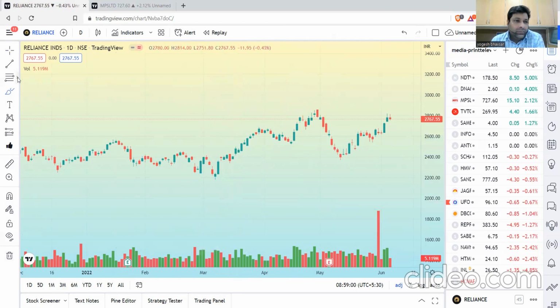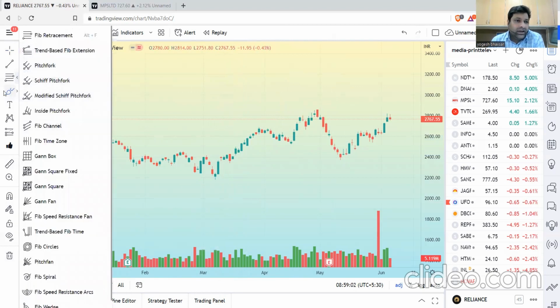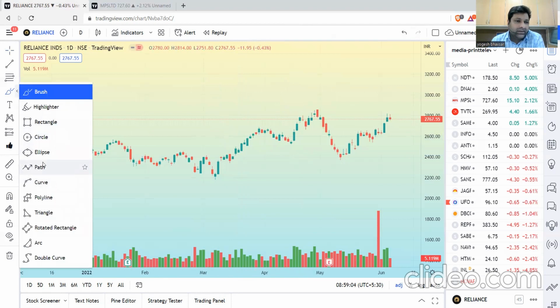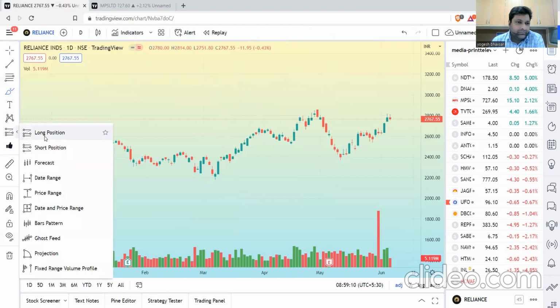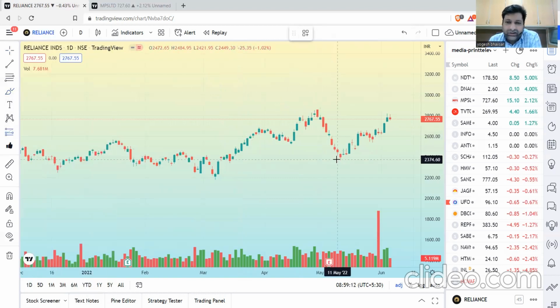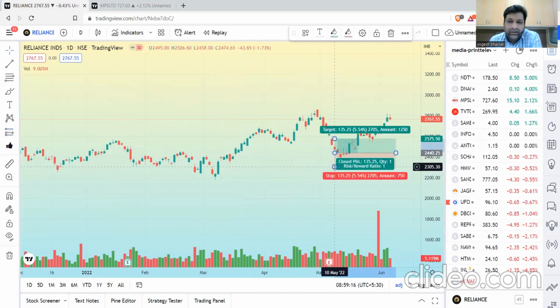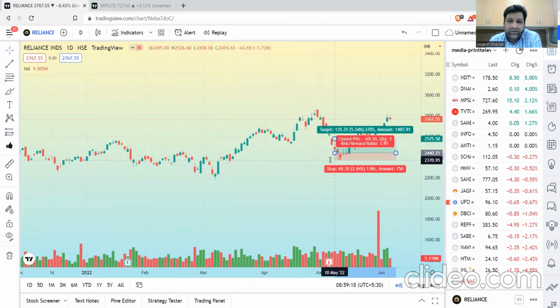Now, consider that you've taken a trade. Here is the long position. Consider that you are entering at this position, correct? Now, if you're trading with a risk of 69 rupees 30 paise, and you're trading with a 3:1 ratio, what will happen?